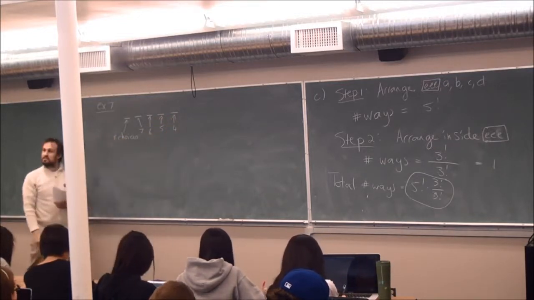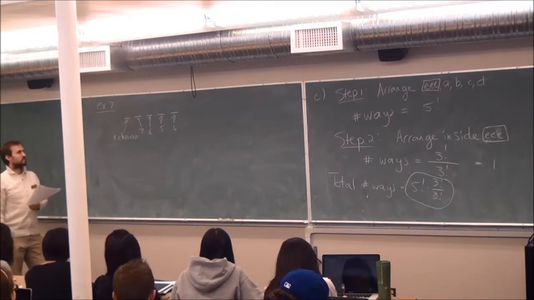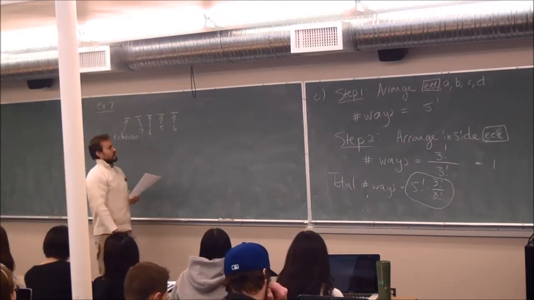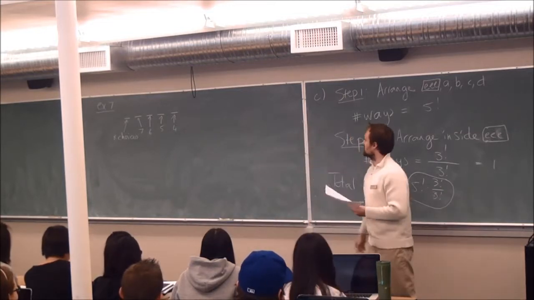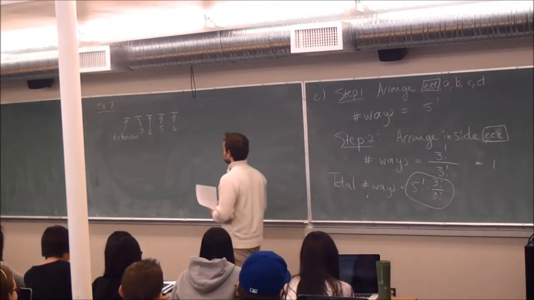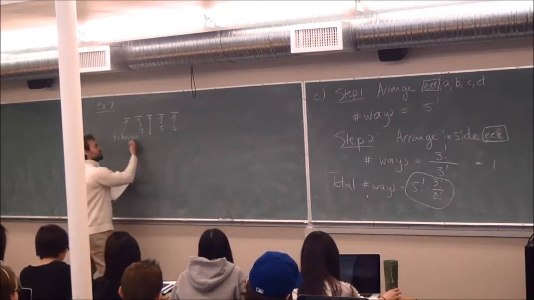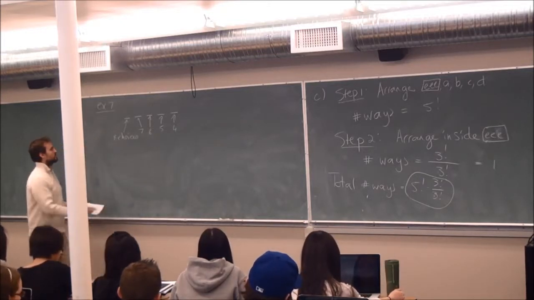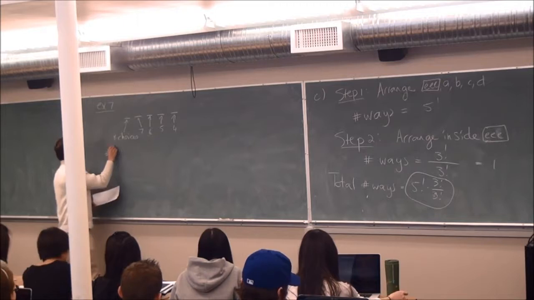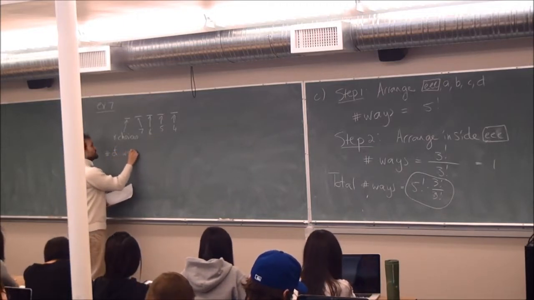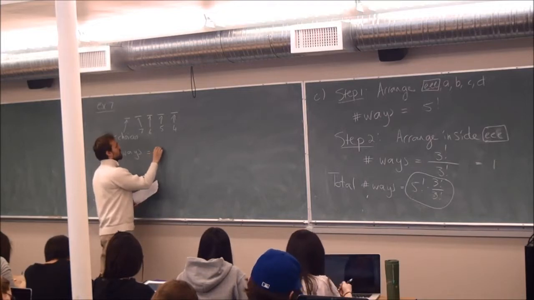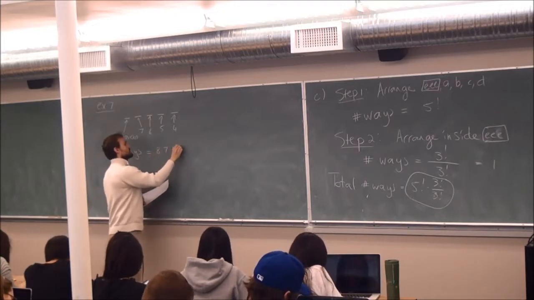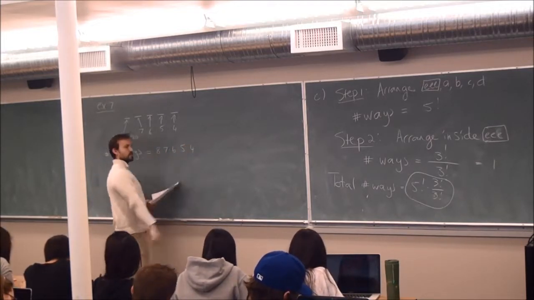Not everyone's going to sit. I only have 5 chairs, and I have 8 people. So the other 3 people are going to go and find their own seat, or stand, or something else. I'm not interested. I only have seats for 5 people. So the number of ways to do this is 8 times 7 times 6 times 5 times 4.